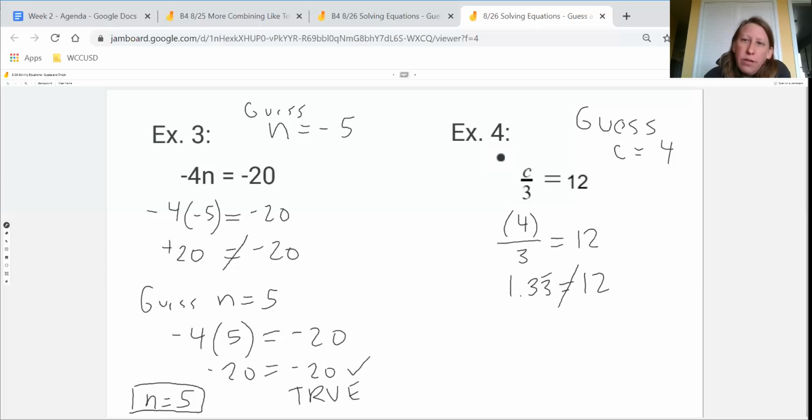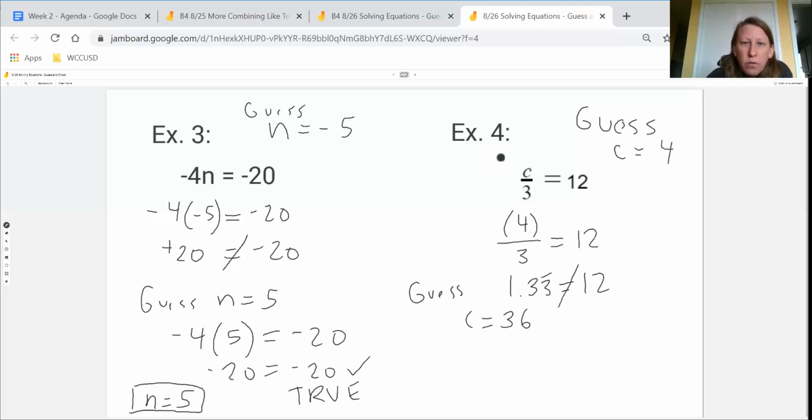So what's another way to do this? It's got to be a lot bigger than 12, isn't it? It's got to be 3 times bigger than 12. Do we know what 12 times 3 is? 24, 25, 36. Okay, so I'm going to guess C is 36.